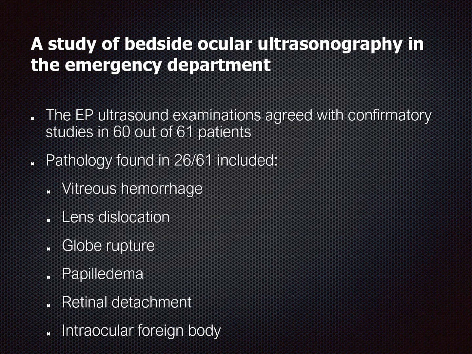And they found pathology in 26 of the patients, and the ultrasound agreed with the gold standard diagnosis 60 out of 61 times. So part of that is that we're awesome and we're well trained, but part of that is what we were talking about at the start of the lecture, which honestly is that this pathology is intuitive in the way it looks and is quite often fairly easy to see because the eye is such a good acoustic window.